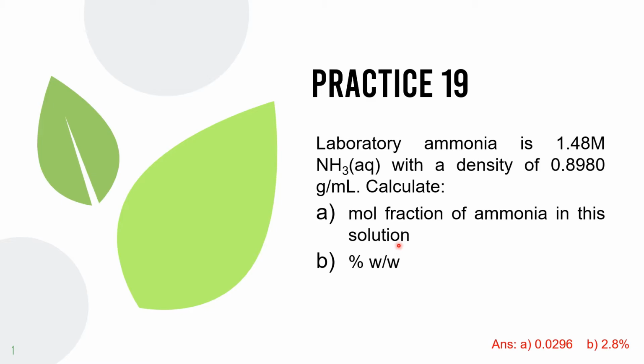Alright, so what you can do first is familiarize yourself with writing the formula for the question. The question asks you to find the mole fraction of ammonia, meaning you are going to find X NH3. So to find X NH3, it equals N NH3 over N total. So how to know the N total?